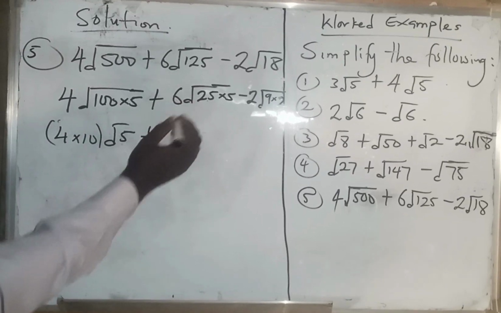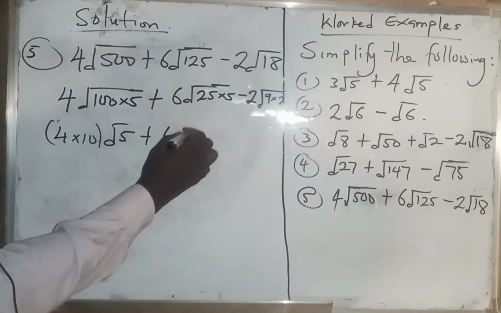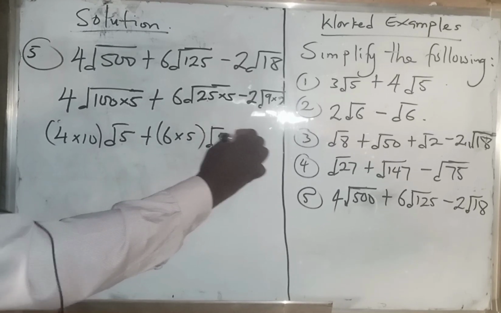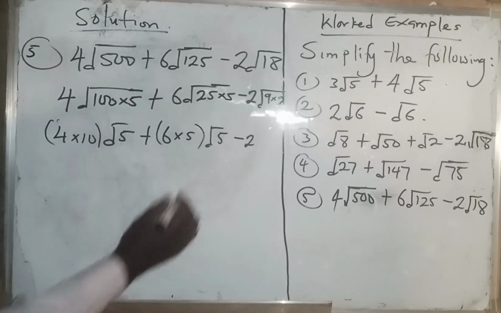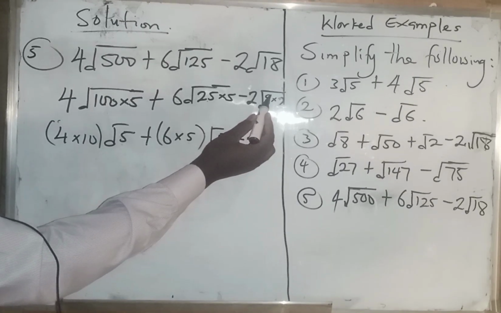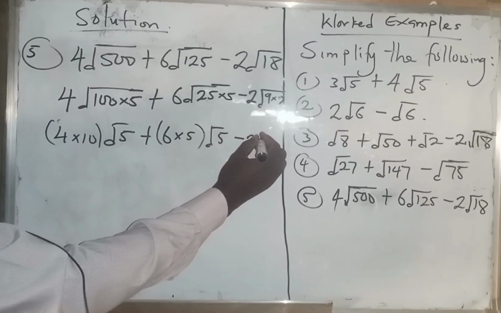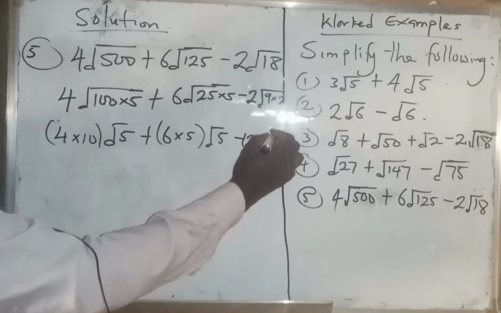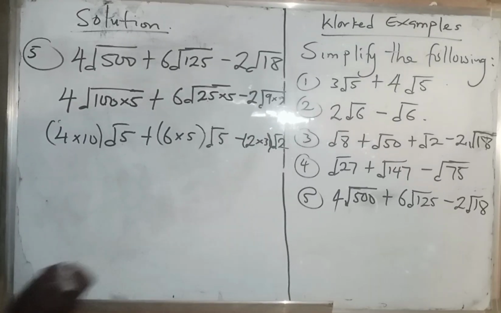So we multiply 6 by that 5. So I have 6 multiplying 5, then we have root 5, minus 2, and root 9 is 3. Root 2 by 3. Then root 2.